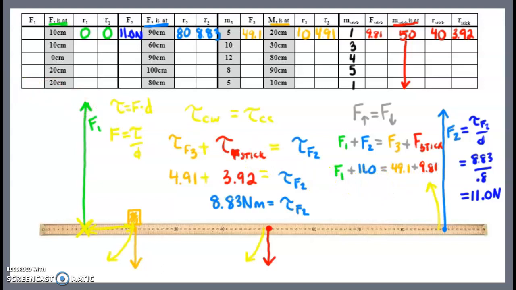Okay, so if I run the math here, F1 is equal to 49.1 plus 9.81 minus 11. And I get 47.9 newtons.